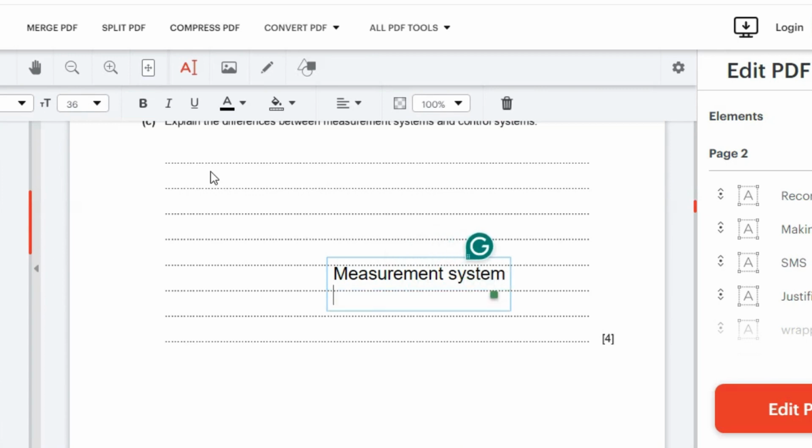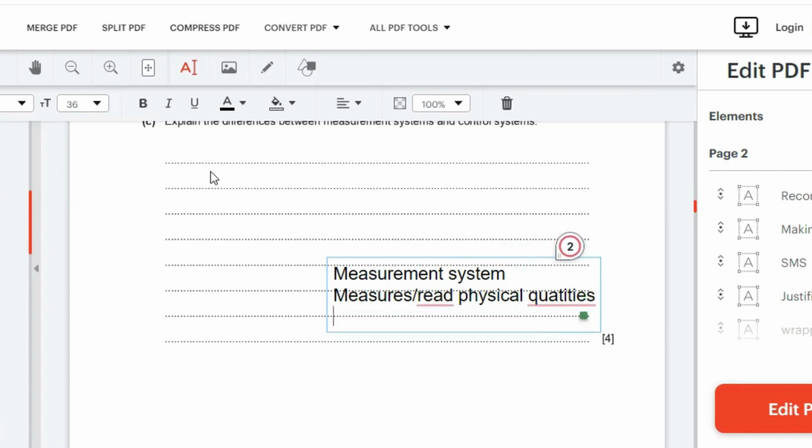Under measurement system, we are going to have what? Measures or reads physical quantities. That means it is only things that are physical that the measurement system can measure. All right.